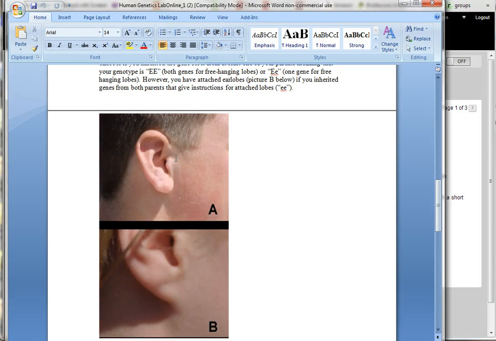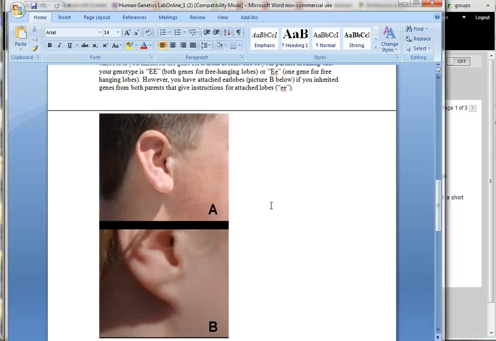If you're the dominant trait and you have a tab, a lobe hanging down here on picture A, that's your phenotype. What you look like is your phenotype, and your genotype are the actual genes that you got from mom and dad, and if they're recessive or dominant. So if you have this hanging lobe, it's dominant. Since dominant is this kind of magical thing that masks a recessive trait, it can be 2 things.